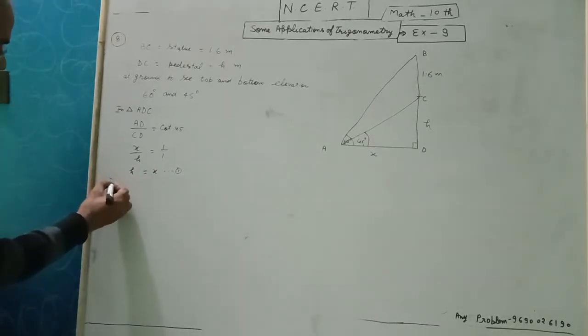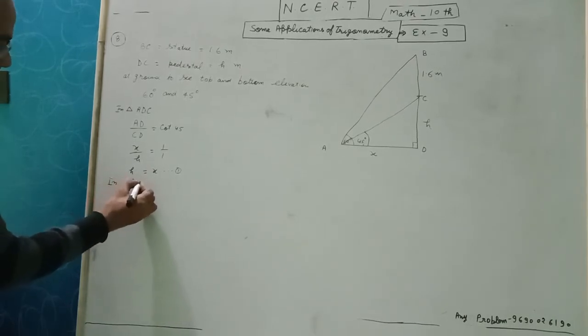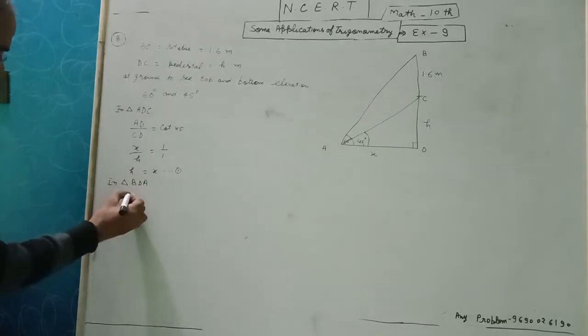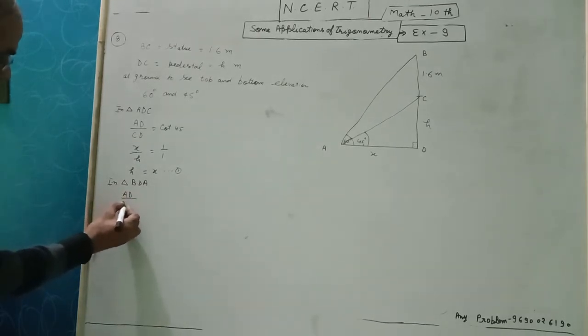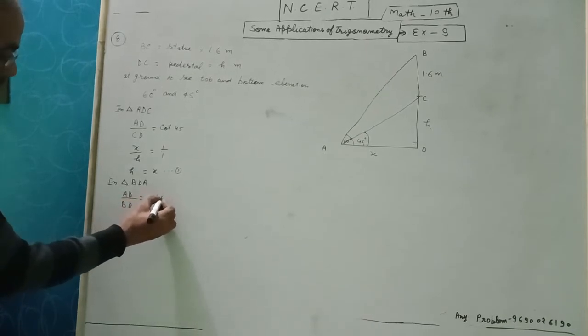Now in triangle BDA, D is 90. AD upon BD is equal to cot 60.